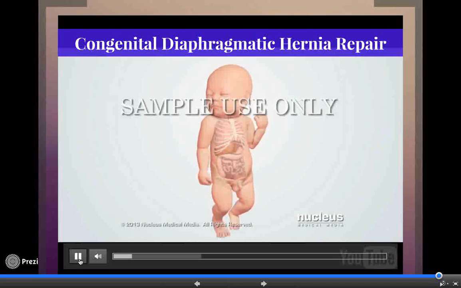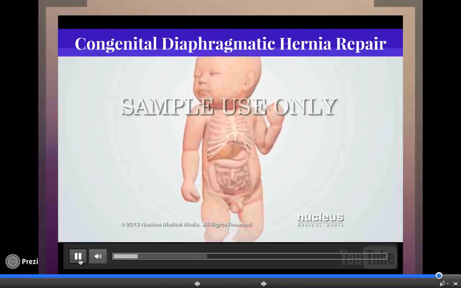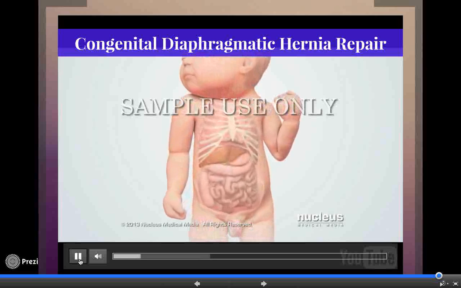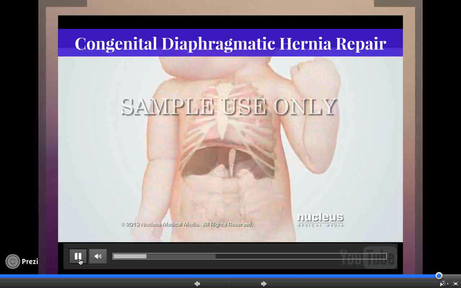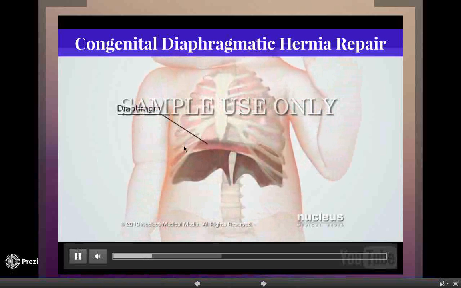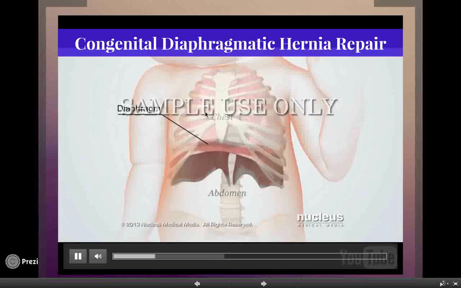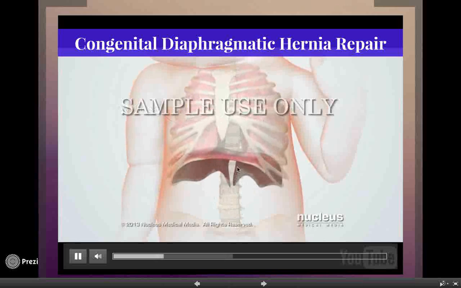A congenital diaphragmatic hernia is a birth defect in which an abnormal opening in a baby's diaphragm allows abdominal organs to move into the chest. The diaphragm is a large dome-shaped sheet of muscle that separates the chest from the abdomen. When the baby breathes in, the diaphragm and outer rib muscles contract, expanding the chest cavity.